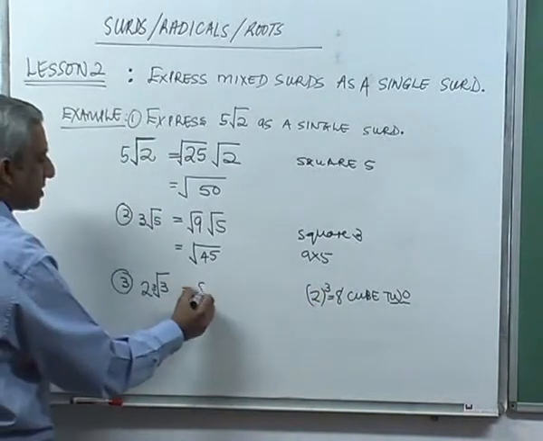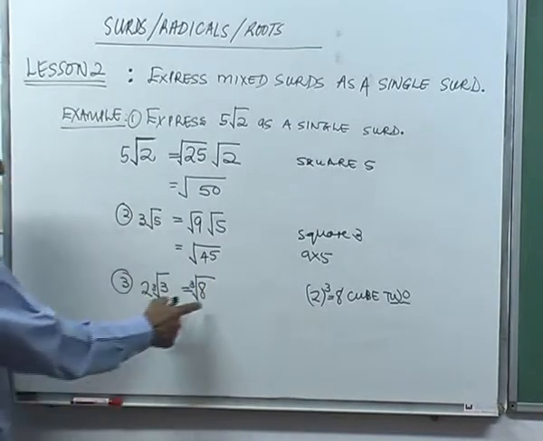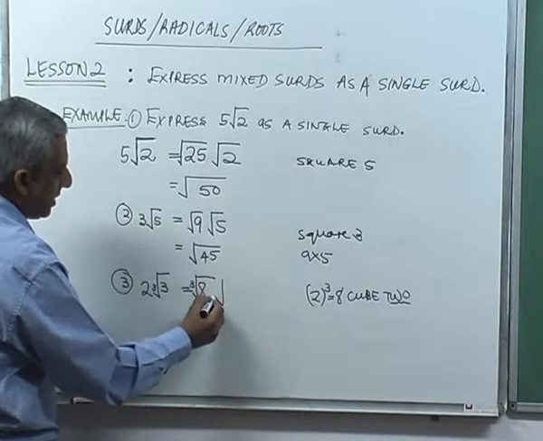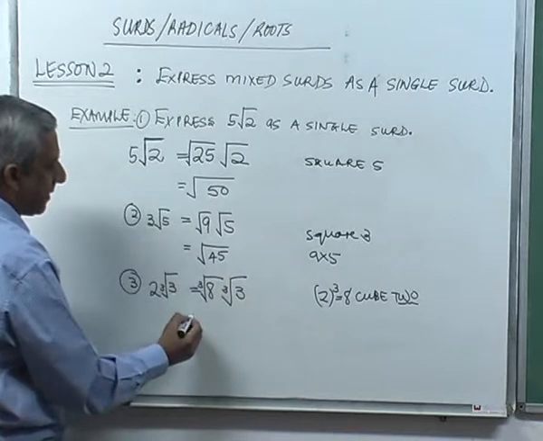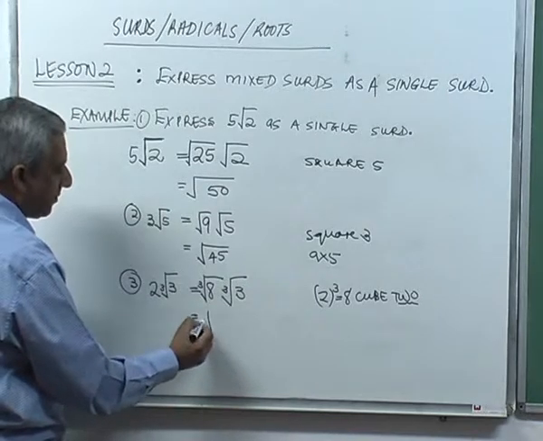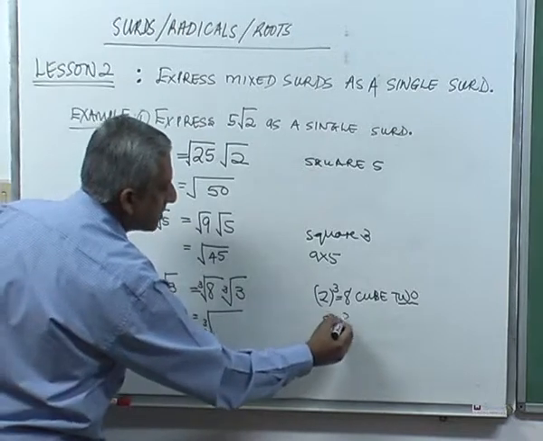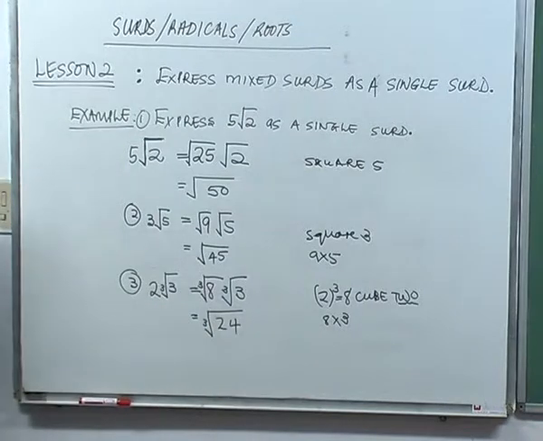So this becomes 8 cube root. You see, the cube root of 8 is 2. 2 is the cube root of 8. And here we have cube root 3. Now, once again, multiply this. 8 times 3 gives you 24.